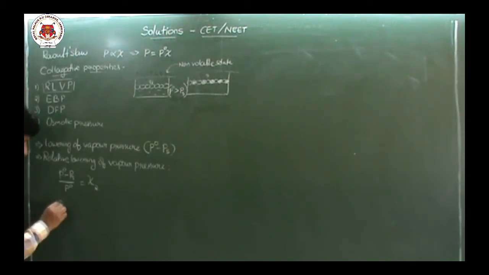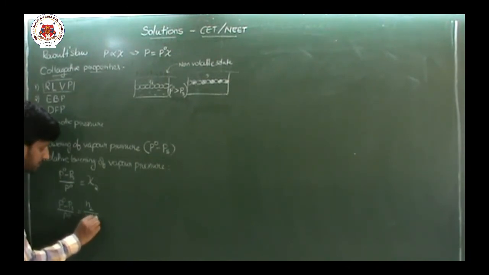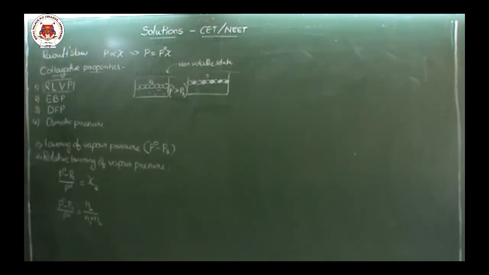Then relative lowering of vapor pressure (P naught minus Ps) by P naught is equal to N2 by N1 plus N2. Mole fraction of component 2 is equal to number of moles of component 2 by total number of moles.